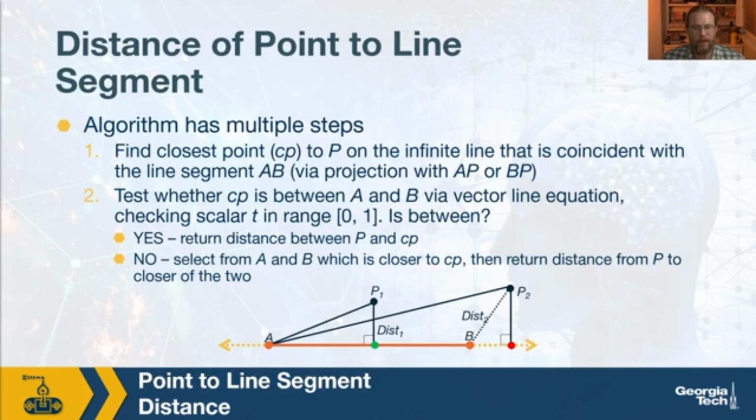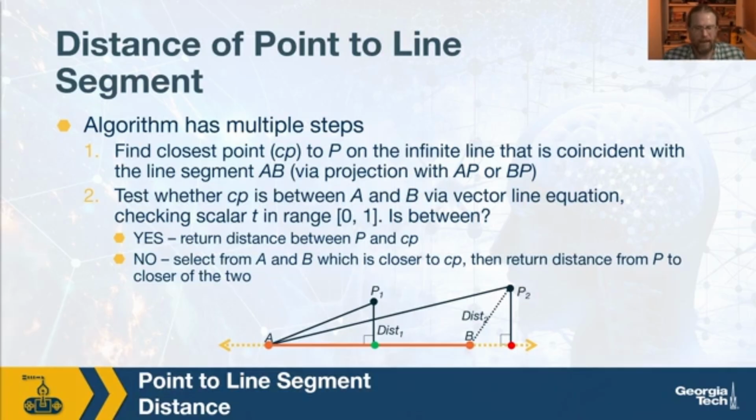Once we perform that projection, it's like we're dropping the point straight down. If you took your line segment and made that your x-axis, and rotated everything with it, it would just be dropping P straight down onto the line. That's the effect of performing the projection.